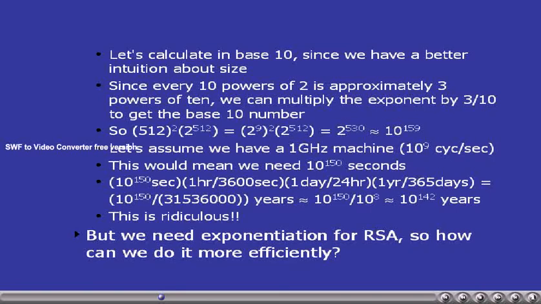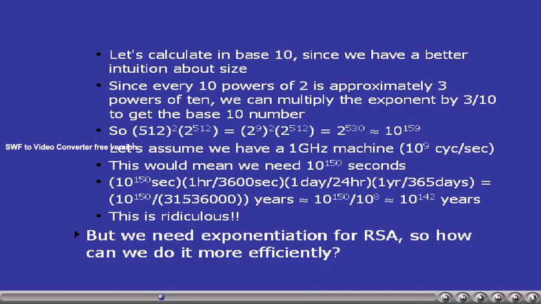Let us visualize the same problem in terms of base 10 system. We know in base 10 everything is powers of 10. We know every 10 will be approximately power of 2 cube.